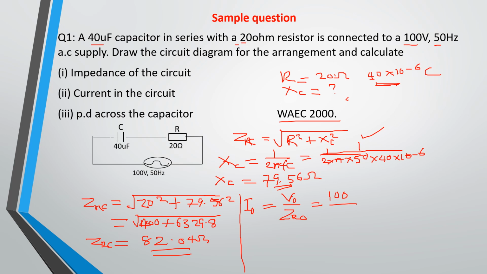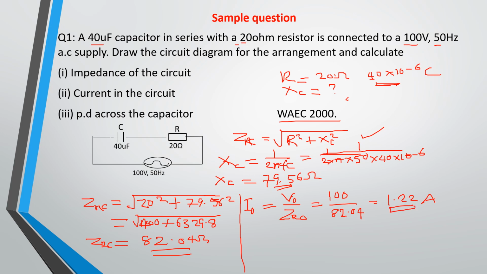So that is equal to 82.04. Okay, so by the time you work that out, you are going to have 1.22 ampere as your current.